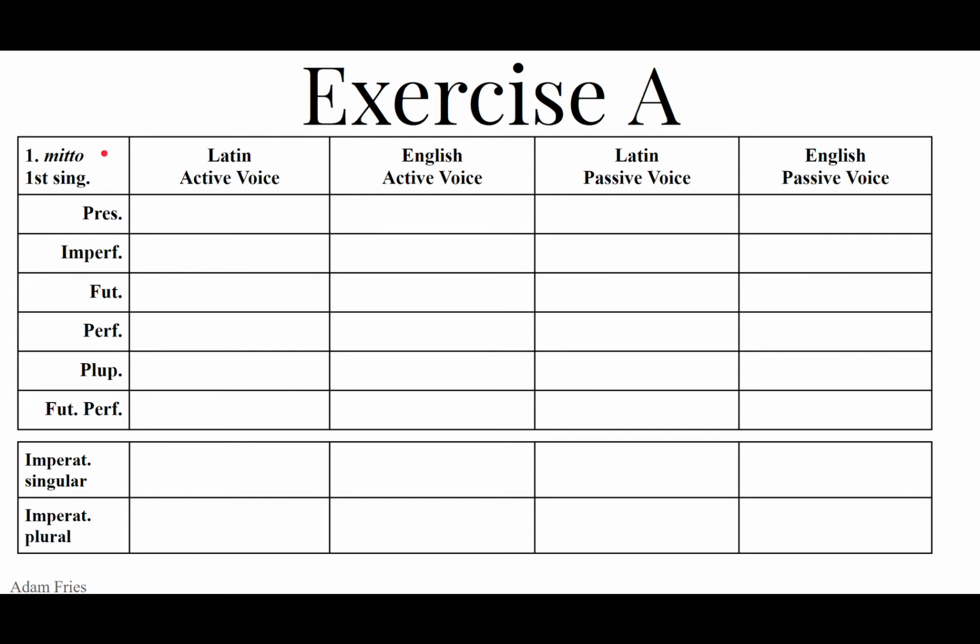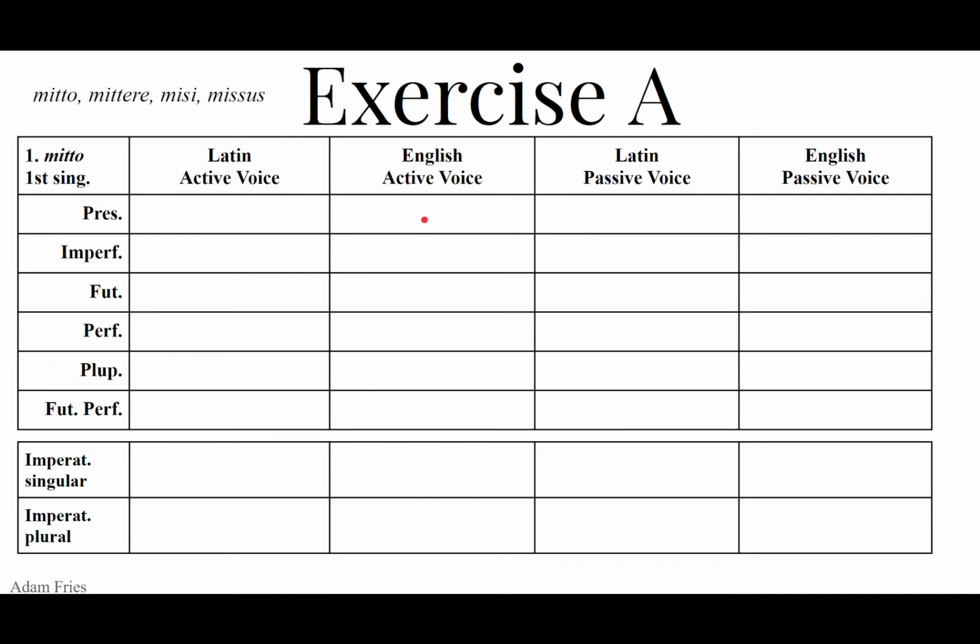Mitto, mittere, misi, missus. You need to know the principal parts. We are dealing with a first person singular. We want mitto, mittere, misi, missus in the first person singular. That means that for the present tense, you can just write mitto, the first principal part. Mitto, I send.